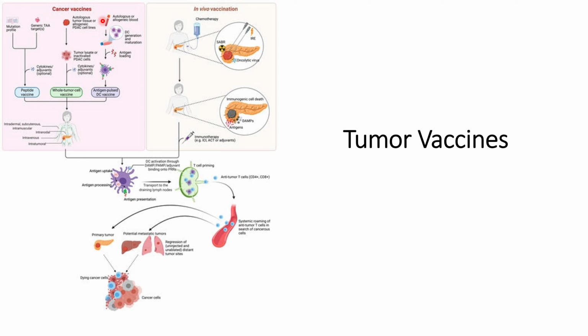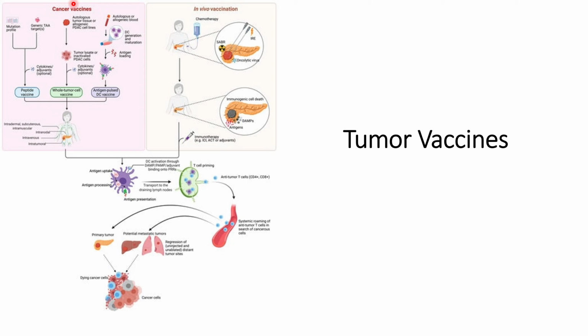When we culture this autologous or allogenic blood, it will help in the generation of dendritic cells on its own, and it can be supplemented with antigen loading, so that activated dendritic cells will be increased, and this can be injected into the patient through efficient injection methods. These antigen-pulsed dendritic cell vaccines will also help increase the immune response of the patient against the tumor cells.